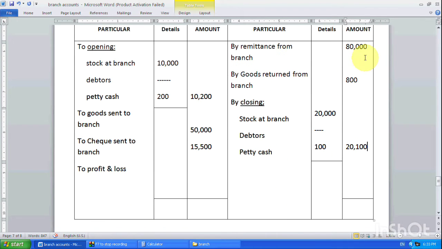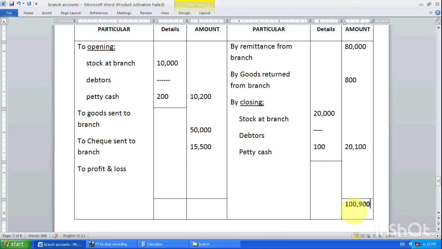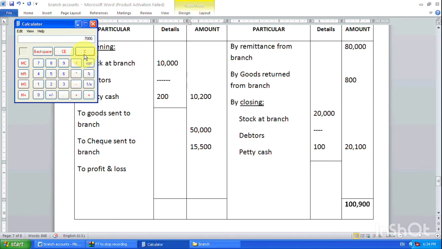Always remember, debit is expenses, credit is income. Add all this: 80,000 plus 20,100 is 1 lakh, 800, 100, 900. So 1 lakh 900. On the debit side, 50,000, 60,000, 65,000, 75,000, 700.